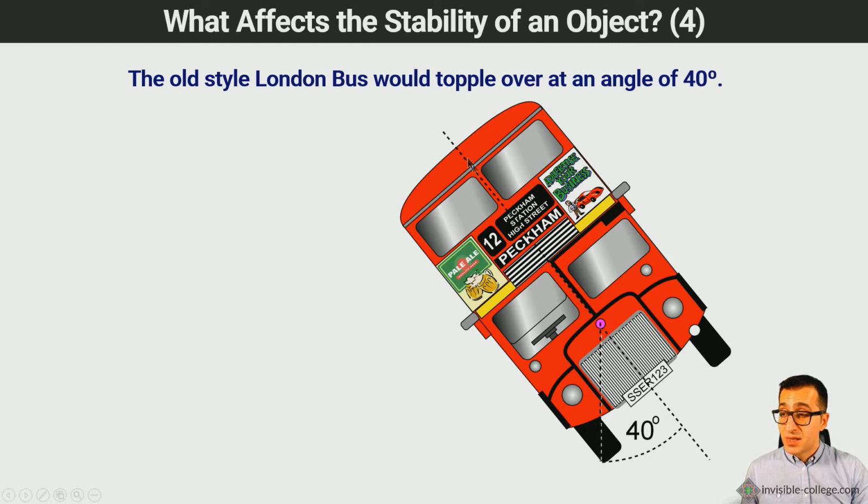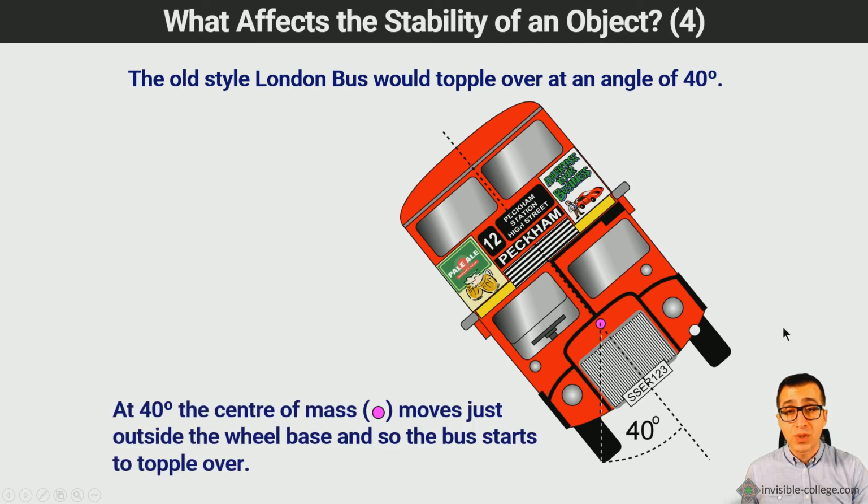This object will topple over once the angle reaches 40 degrees, because beyond that the weight acts down on the center of mass outside of the base of the object. Anything further than 40 degrees, the center of mass moves outside the wheelbase, and so the bus would start to topple over.